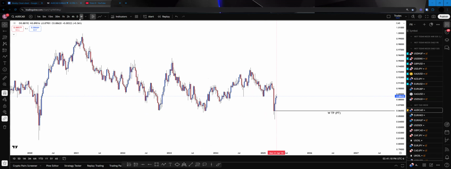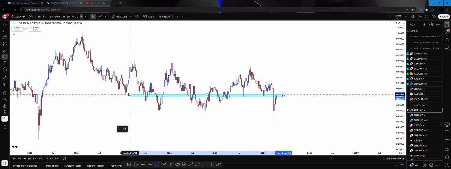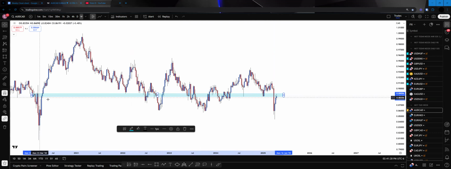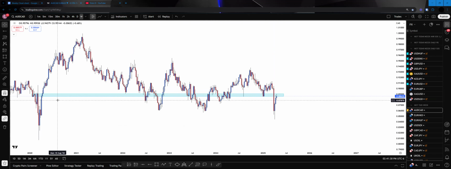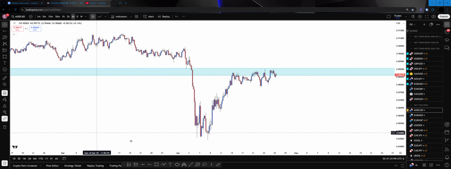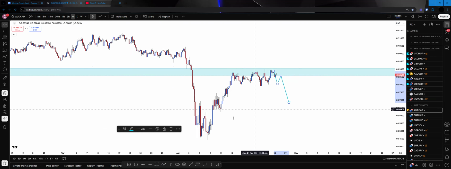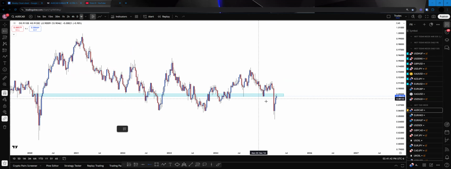Daily's obviously in trend, right? Okay, what did we pull back to? Here. Basically, we're just waiting for the 4 hour to shift like that. Weekly take profit.